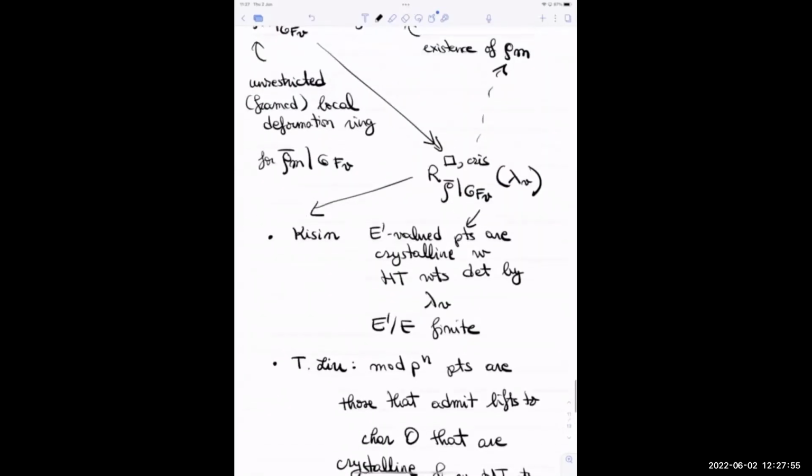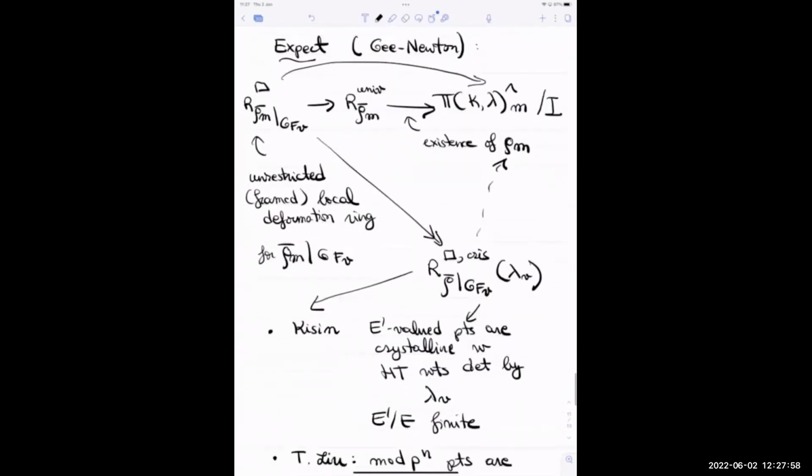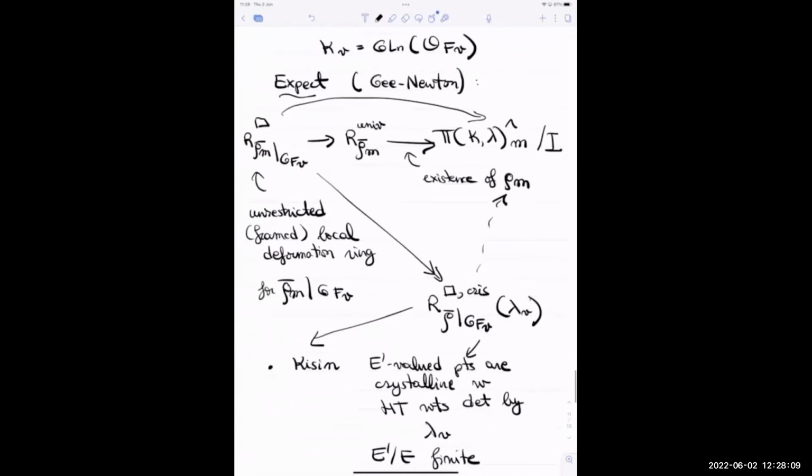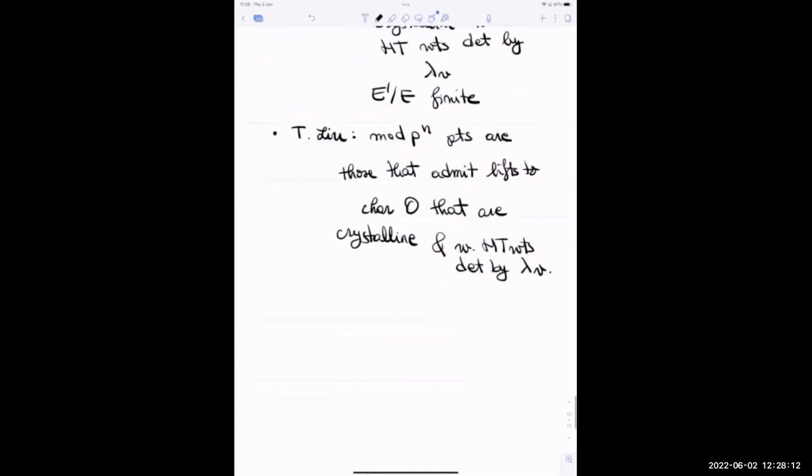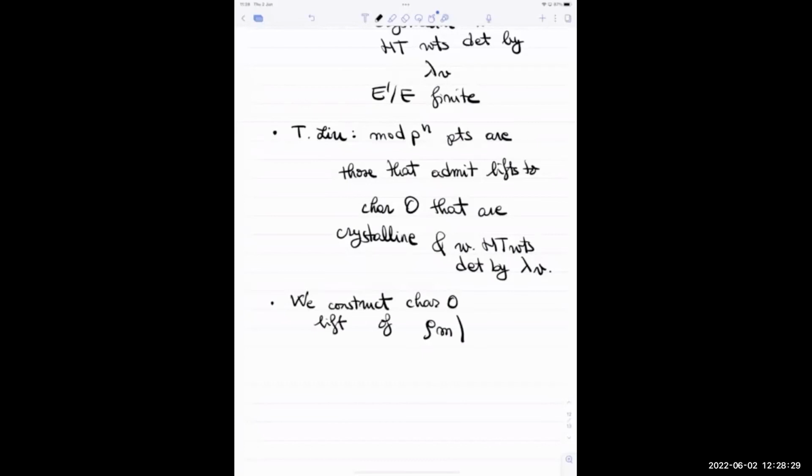And so what James and I do is we prove this conjecture under a few additional technical assumptions that don't cause problems for applications to this theorem C. And the way that we do it is we construct a characteristic 0 lift of rho m restricted to G_{F_v} that has the right properties.